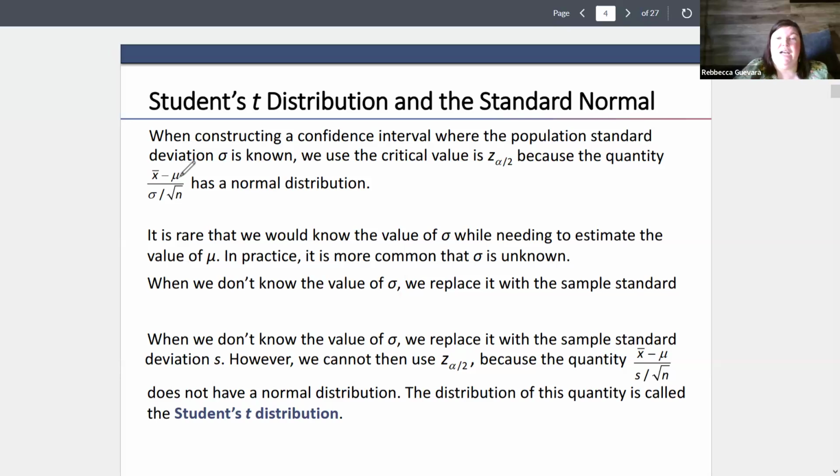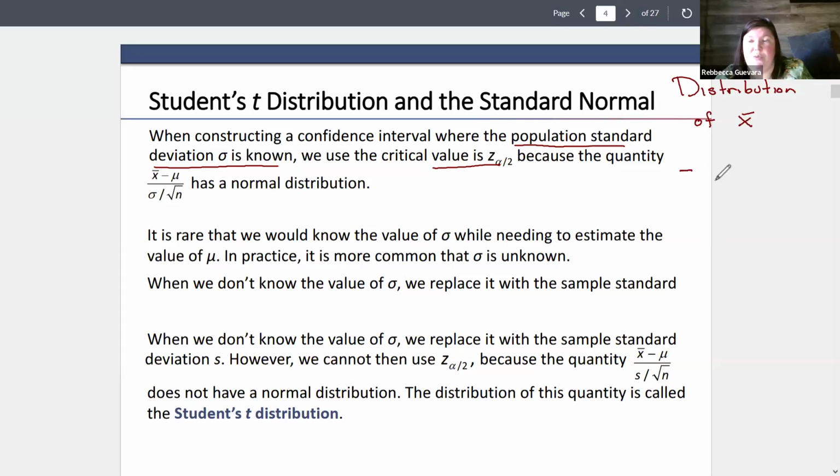So when we are constructing a confidence interval where your population standard deviation sigma is known, well, we can use z-scores. Remember, we're looking at a distribution of x bars.